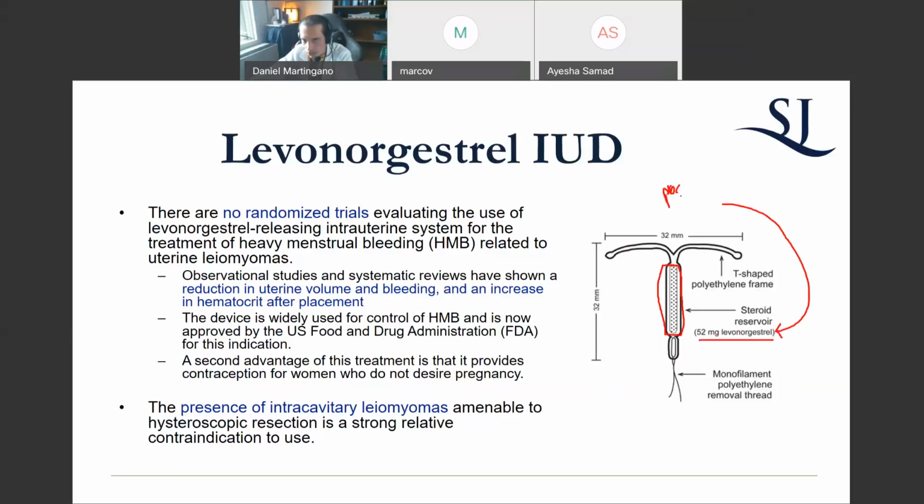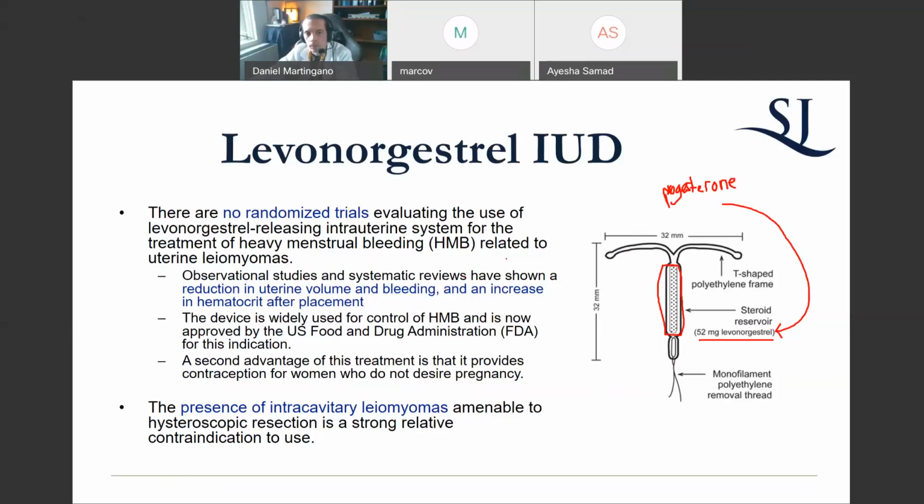But just know that when progesterone is the medicine being used. And when we discuss the menstrual cycle soon, you'll know why progesterone is used for heavy menstrual bleeding.